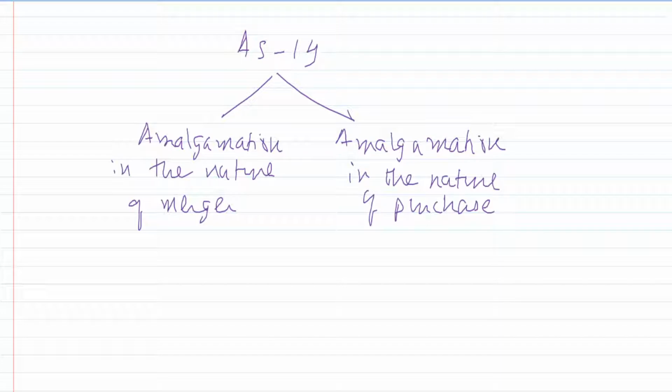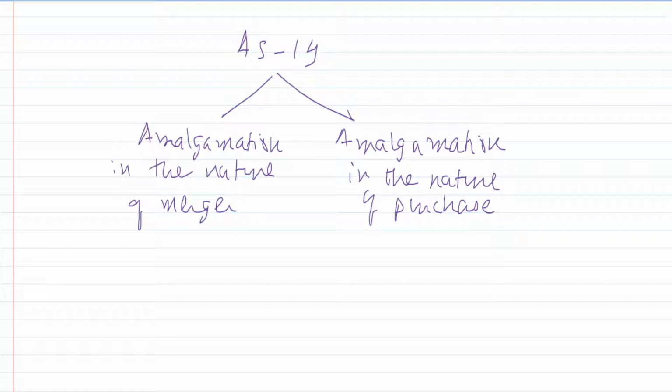The point that I am trying to make is amalgamation, absorption, and external reconstruction, all the three are different. But as far as AS14 is considered, they are all part of amalgamation. So when I say amalgamation under AS14, it will include amalgamations, absorption also, external reconstruction also.